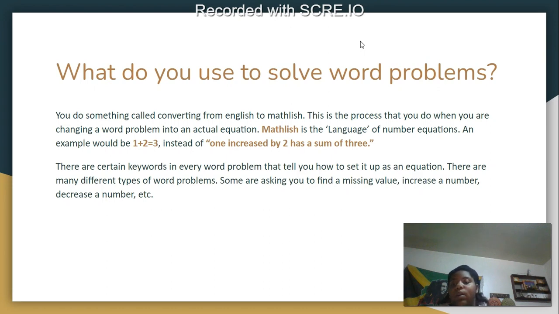An example would be 1 plus 2 equals 3, instead of 1 increased by 2 has a sum of 3. There are certain keywords in every problem that tell you how to set it up as an equation, and there are many different types of word problems. Some are asking you to find a missing value, some are increasing a number, decreasing a number, etc.